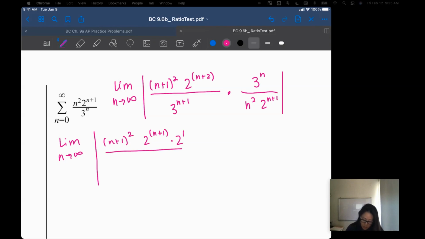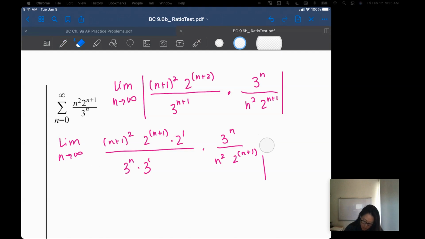Plus 1, all over 3 to the n times 3 to the 1 times 3 to the n over n squared stays, and then this could be 2 to the n plus 1, since we want to cancel it with the other. Okay. All right, I actually can drop the absolute value signs because I know that all of my terms are positive. So I have 2 to the n plus 1 cancels. 3 to the n cancels.